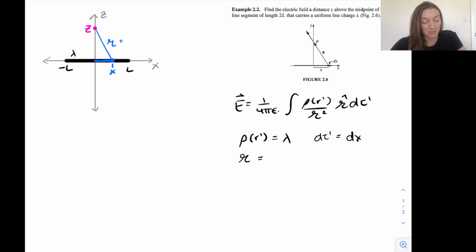The length of this side is still just z. So again, we just have the Pythagorean theorem, but it's the square root of x squared plus z squared, and that's it. So you can see that we can actually do this for every single point along our charge distribution. It's going to be the exact same thing on this side because it doesn't matter that x will be negative since it's getting squared anyway. So this is our distance for every single point along our charge distribution.